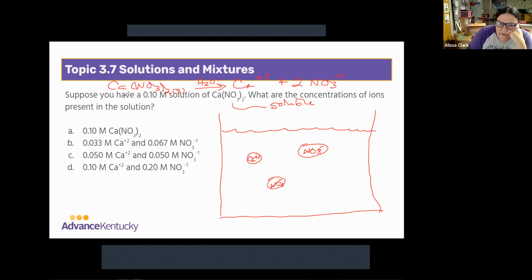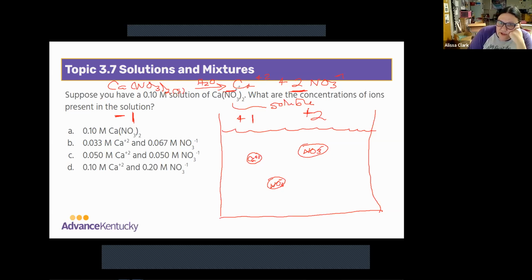So every time 1 calcium nitrate splits apart into water, the change in calcium nitrate is -1, the change in calcium ion is going to be +1. We're going to get 1 calcium ion. And the change in nitrate ion is going to be +2, because we get twice as many nitrates as calciums.